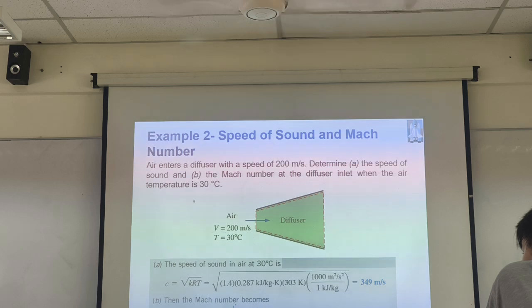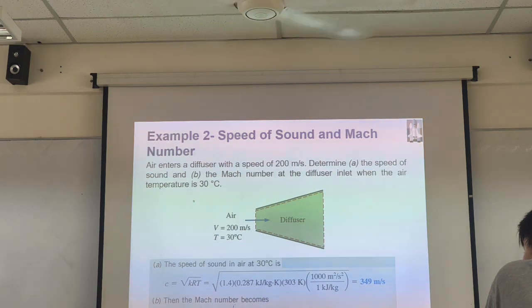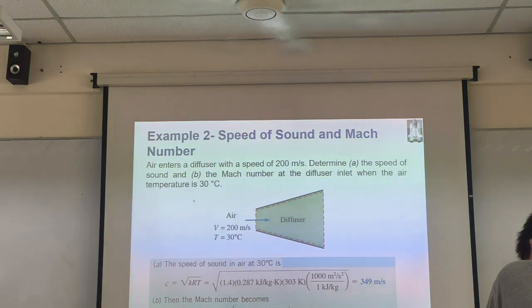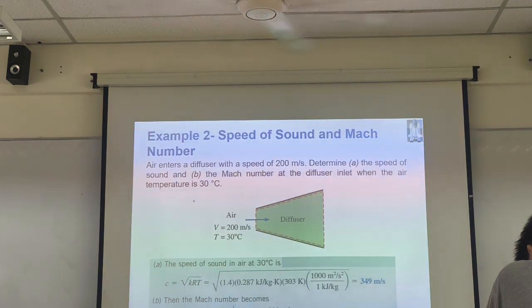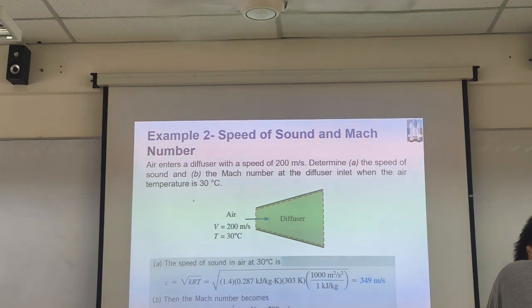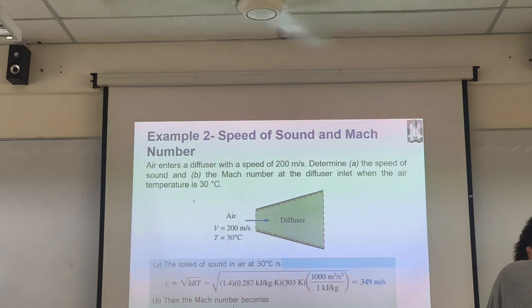If you always use 287 all this while, even for other calculations, then you have to remember that your value is not in kilo, it's in normal units, or joules. Because in thermal we always use kilo, that's why I always use 287. Just that when it comes to this chapter, it's a bit different. So that's one thing that you need to be a bit careful about.